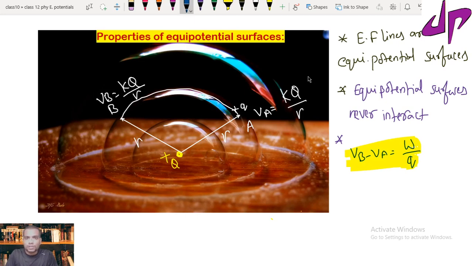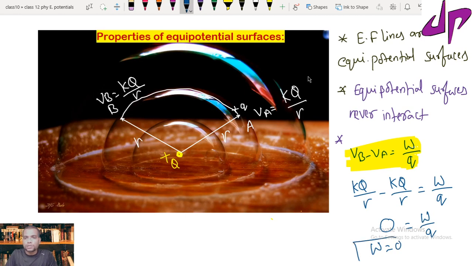Now you can substitute the values. At V_B the value is kQ upon small r, and at V_A also the same value kQ upon small r, which equals work done per test charge. So the left side becomes equal to 0, and therefore work done equals 0. It means there is no requirement of work when you are moving a test charge over the equipotential surface.